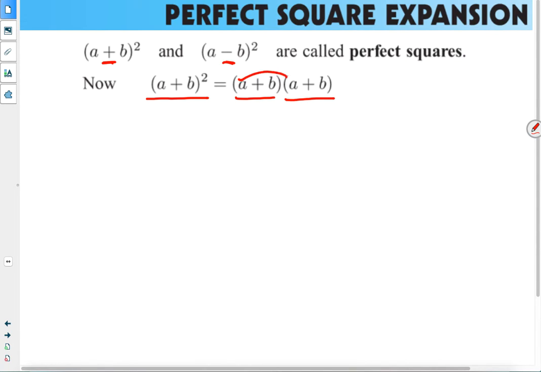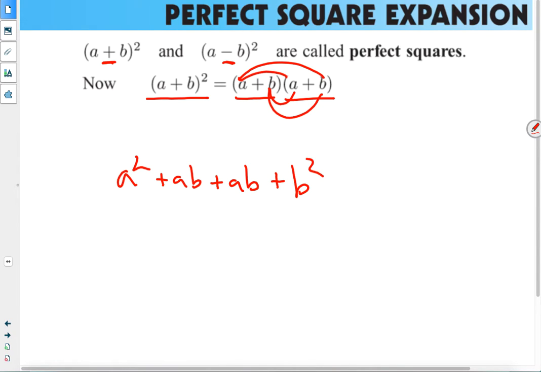If we did a times a, we would get a squared. A times b is plus ab. B times a is another plus ab. And b times b is plus b squared. So as we simplify this, we get a squared plus 2ab plus b squared.